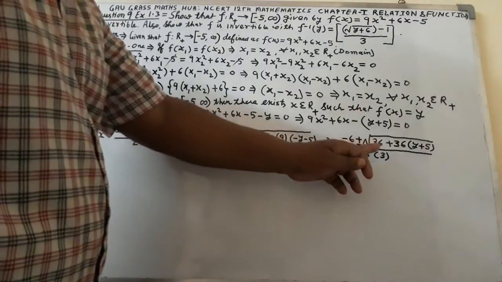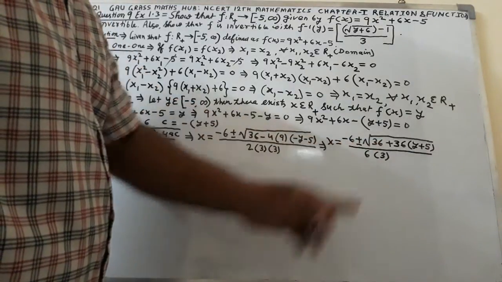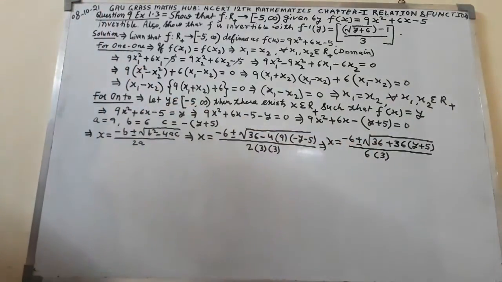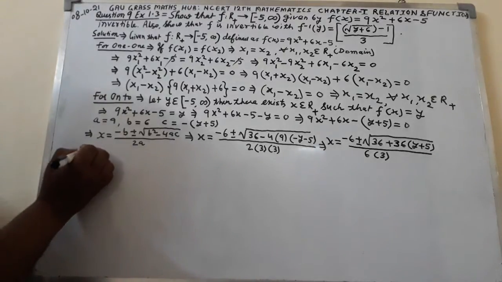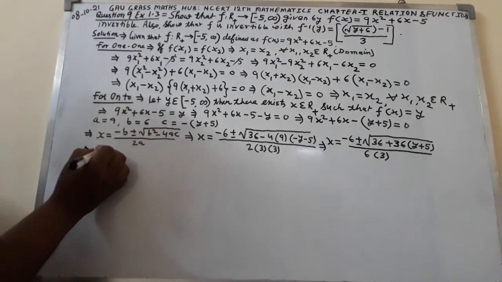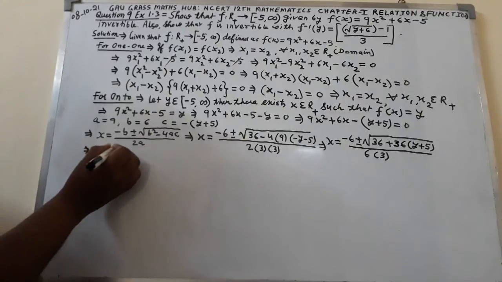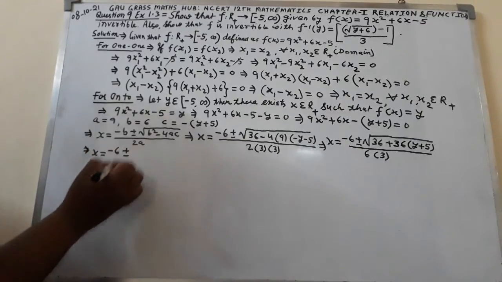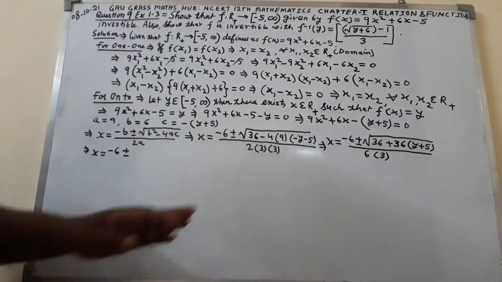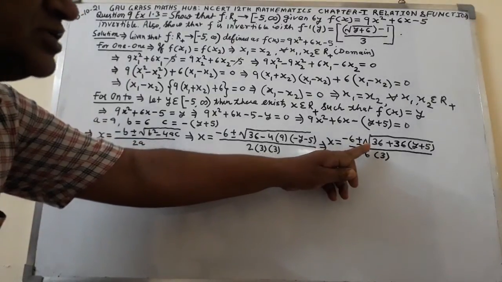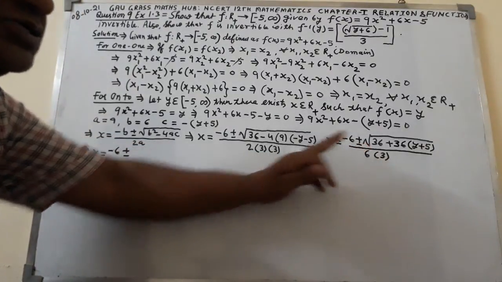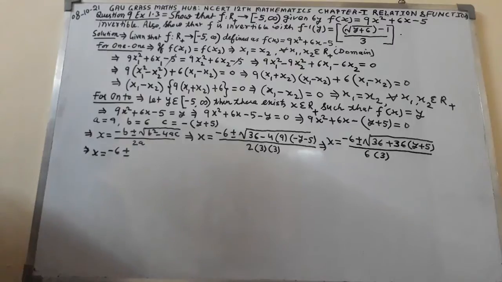Now here take 36 as a common. Again I shall write implied that x is equal to minus 6 plus minus, here take 36 common, it will become under root 36. Under root 36 comes out to be 6.